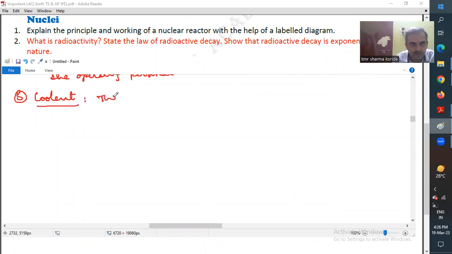Moving to the description of the fifth part, that is coolant. So there is a large amount of heat produced in the reactor.